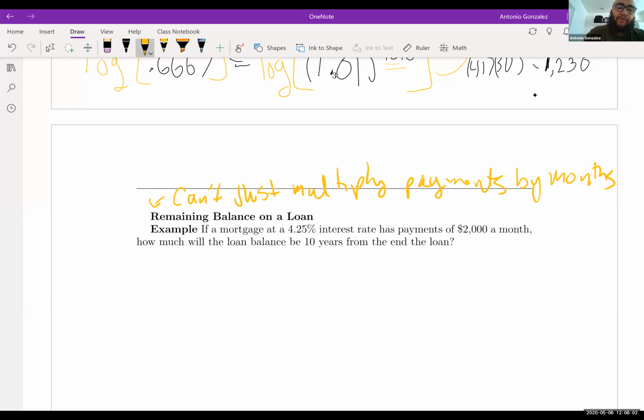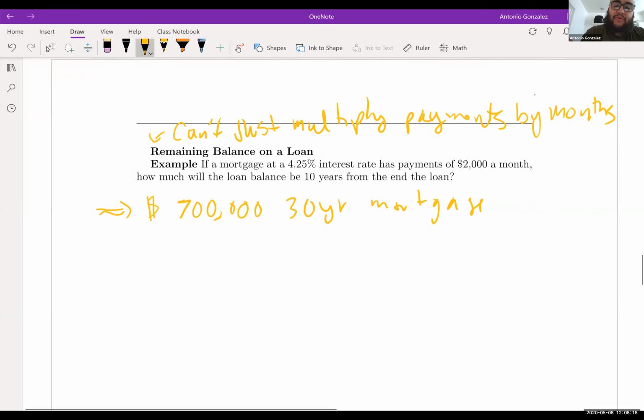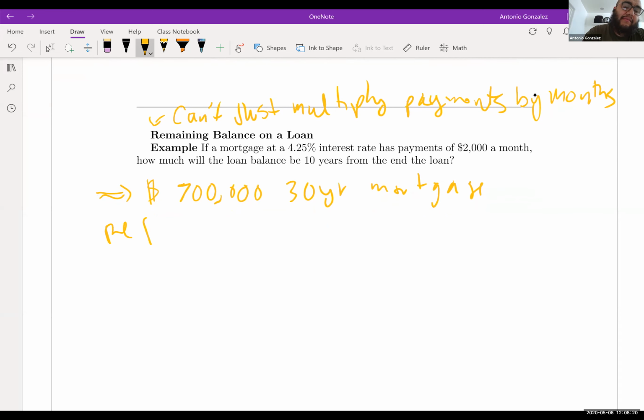Let me explain that, and I'll get to this example in a second. Let's say you have a $700,000 loan on a 30-year mortgage, and you want to refinance after 10 years.